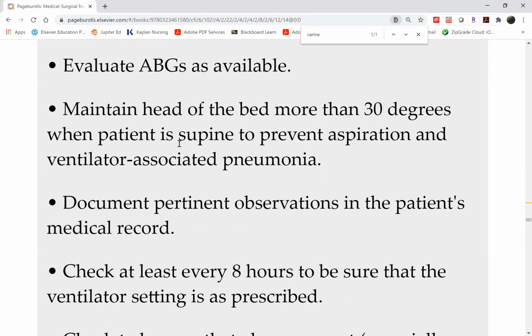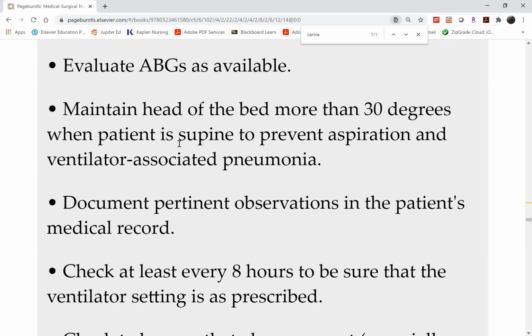Now remember, most of these patients are sedated. Are they conscious enough to show you confusion and all that? No. So your main accurate assessment will be via ABGs.